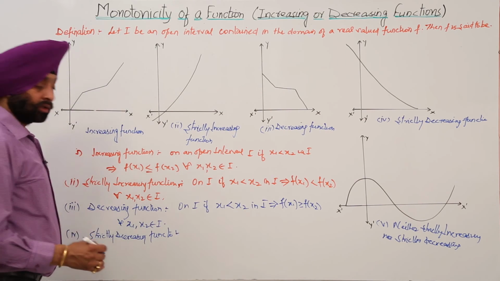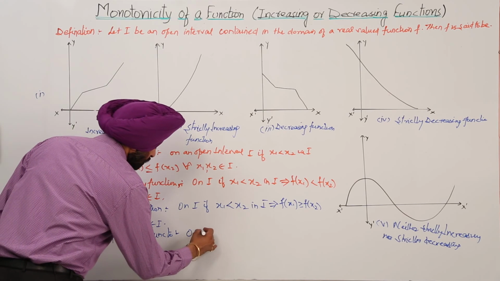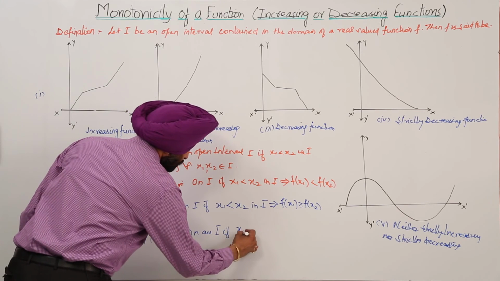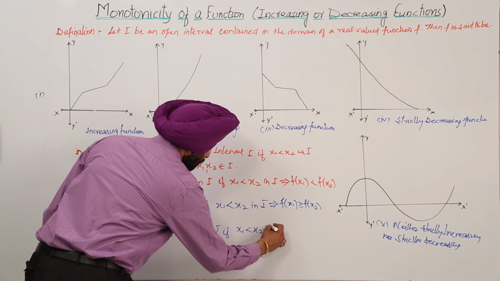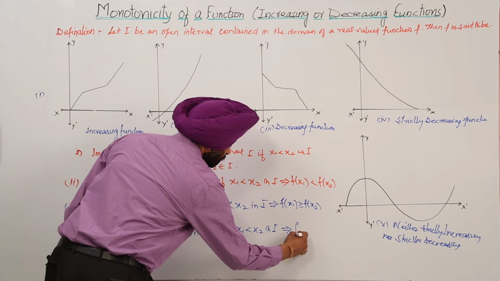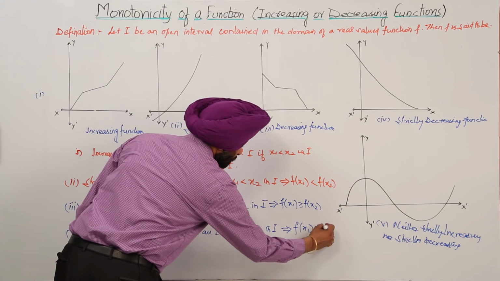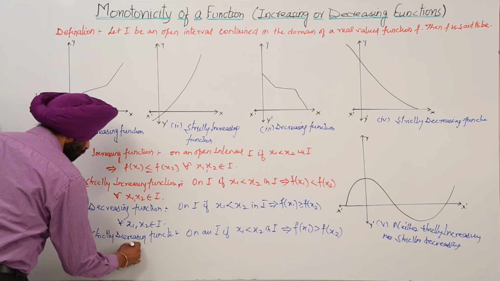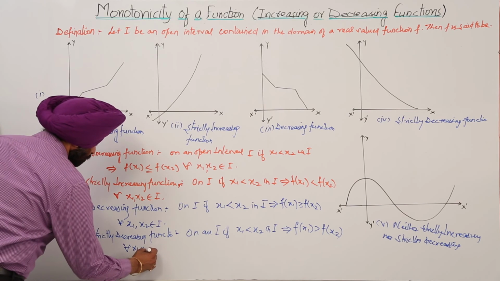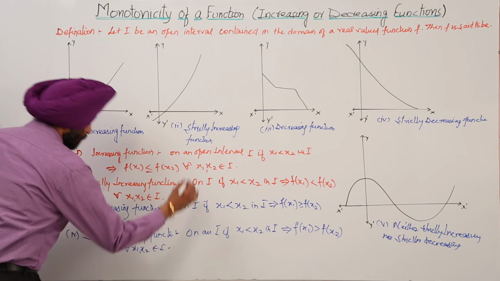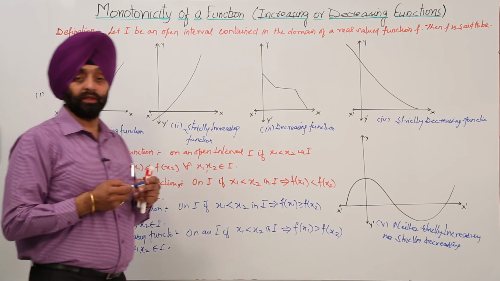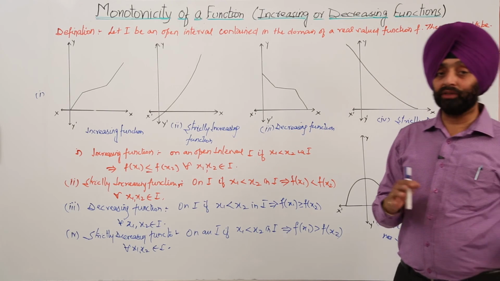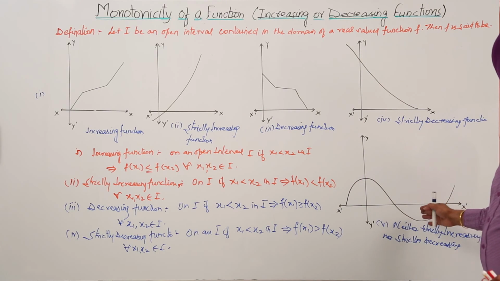Now what it states, on an open interval I, if x1 is less than x2 in I, and this implies f(x1) is greater than f(x2) for all values of x1, x2 which belong to I, this is called strictly decreasing function. And if a function is neither strictly increasing nor strictly decreasing, then we can have a graph like this one.